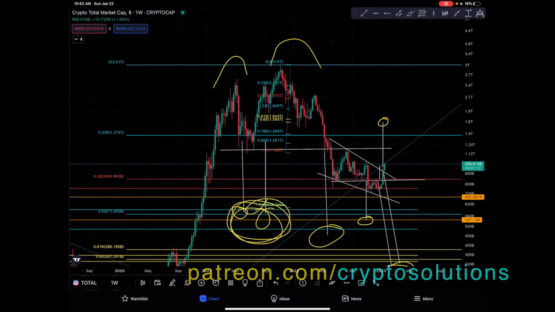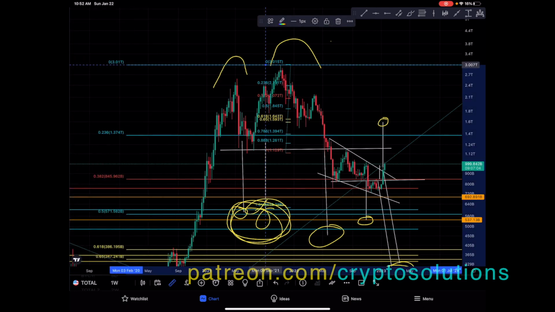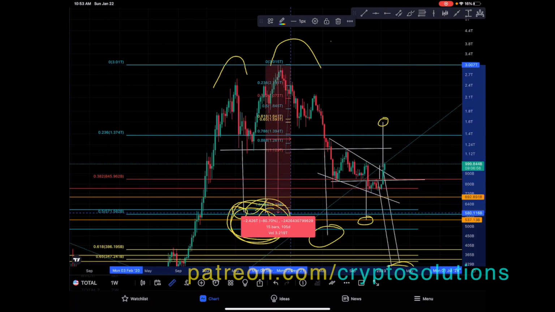And also percentage wise, it will make sense because that will be from the top right here and there, from here to here, that will be an 80% move, which would be a percentage move of a bottom also.